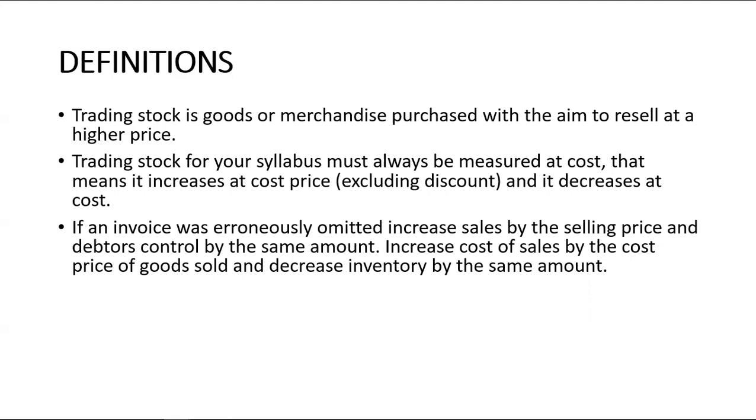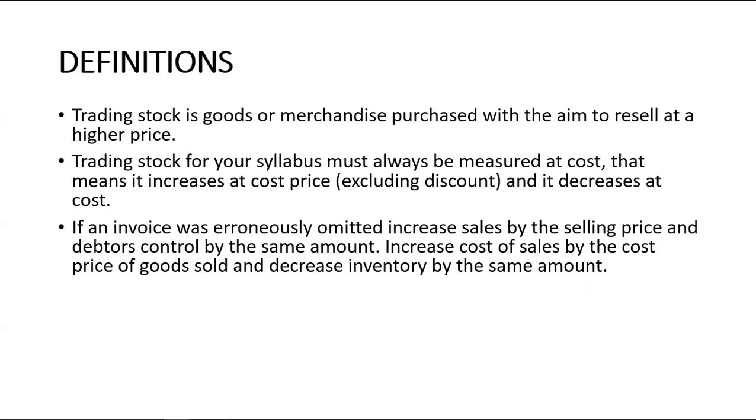Remember, for as long as sales go up, cost of sales will also go up. When sales go down, cost of sales will go down. But the thing with cost of sales is that it always goes up and down at cost price. In this case, remember an invoice was omitted, meaning that it was not recorded. And when we sold goods, it means sales went up.